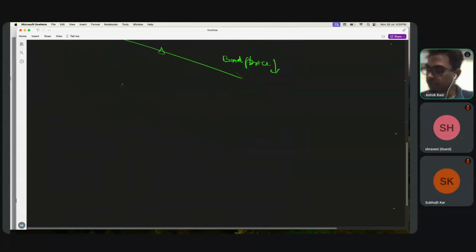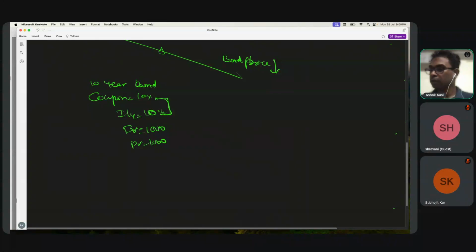Mathematically, imagine, let's say there is a 10-year bond. The 10-year bond coupon is equal to 10 percentage, YTM is equal to 10 percentage. If both are the same, then what will be the present value? The present value also will be trading at par only. Remember this. If coupon and YTM are the same, the bond trades at par.